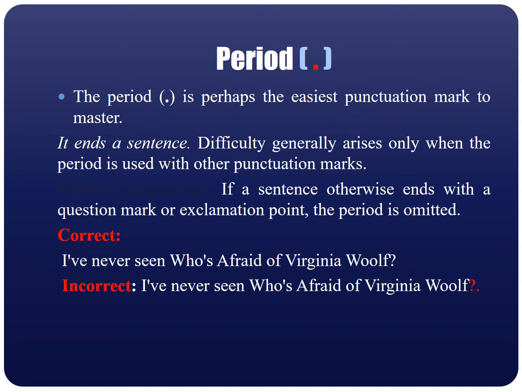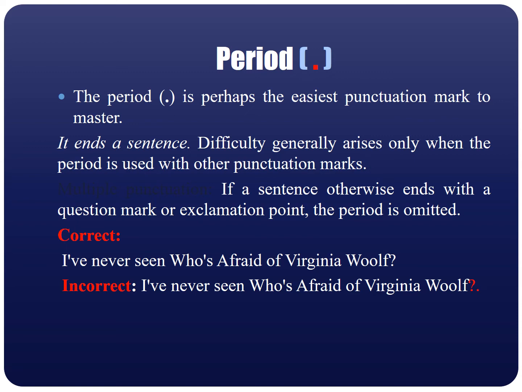Before you are certain examples of how to place a correct full stop. You see, in the very first sentence, "The period is perhaps the easiest punctuation mark to master." Full stop. So this was one thought process, and at the end of it I have placed a full stop because obviously the sentence has ended.